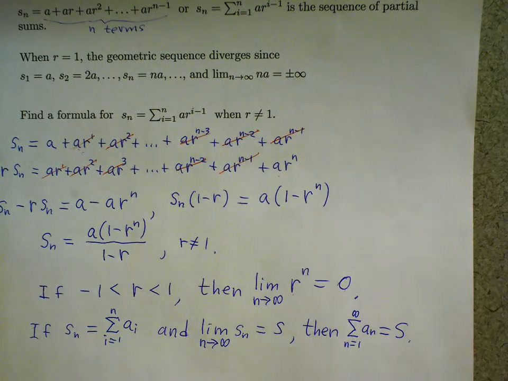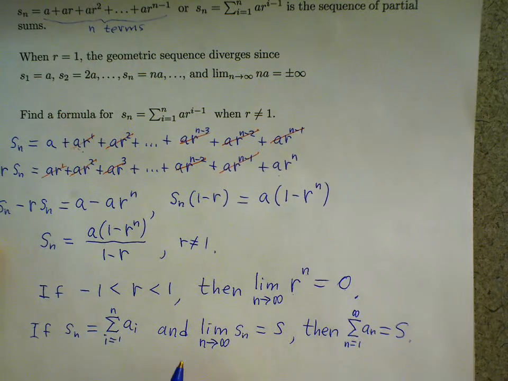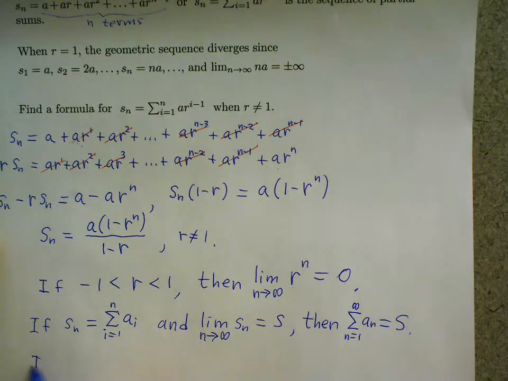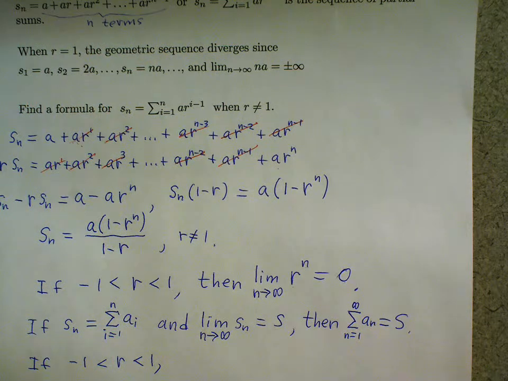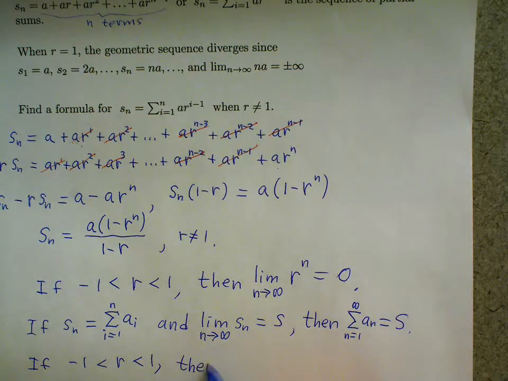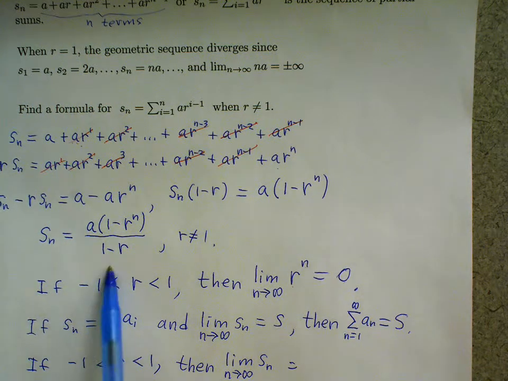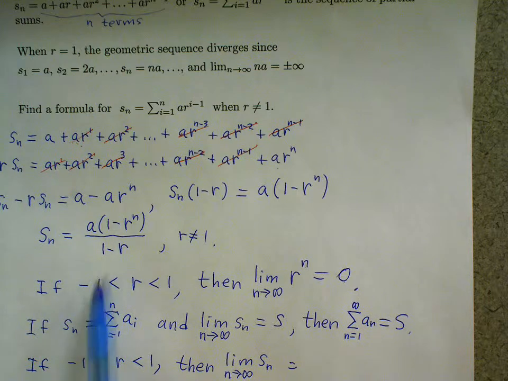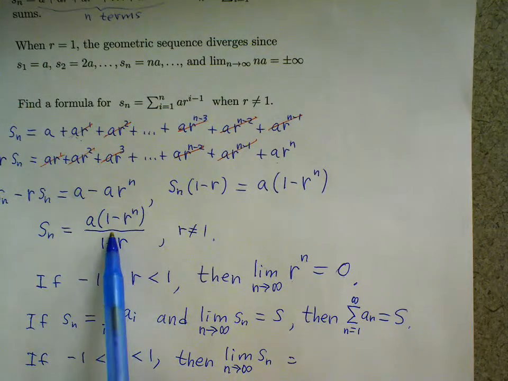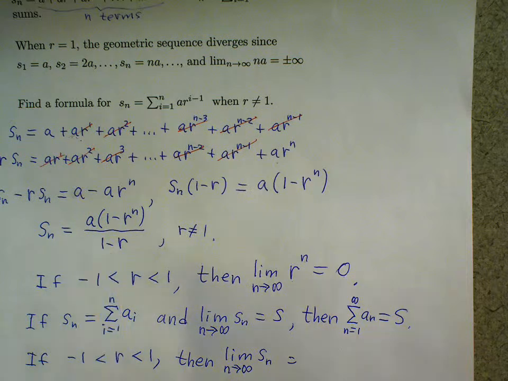Okay, so if -1 is less than r, which is less than 1, then the limit as n approaches infinity of S sub n, where S sub n is equal to a times the quantity 1 minus r to the n divided by 1 minus r.